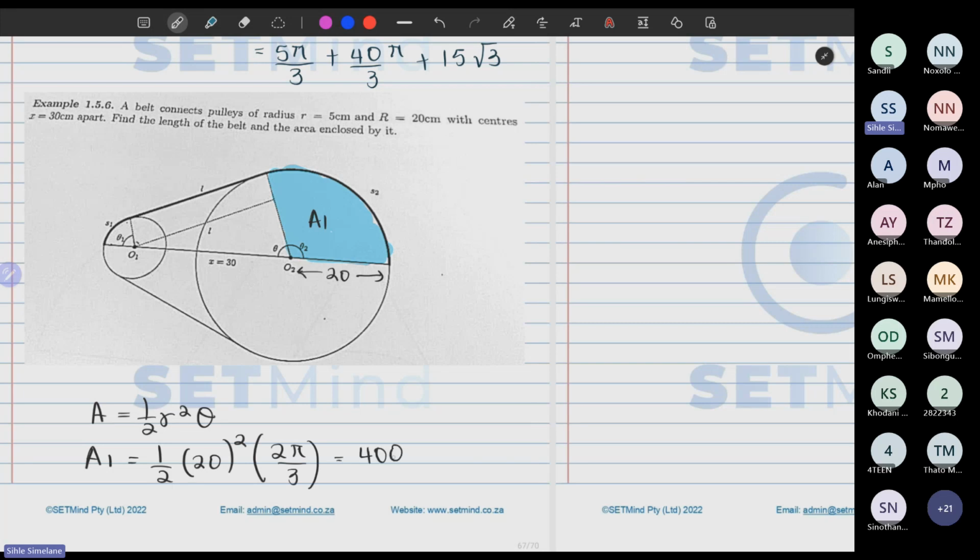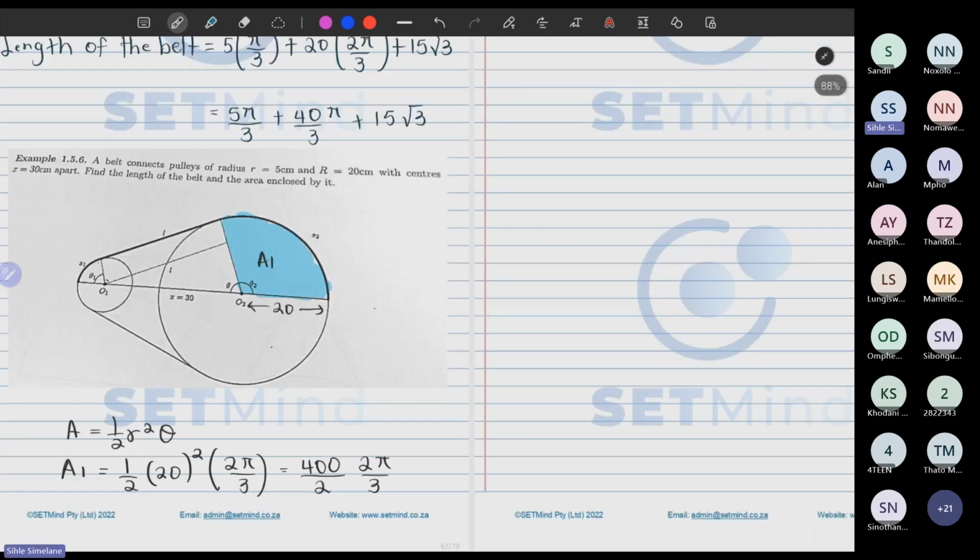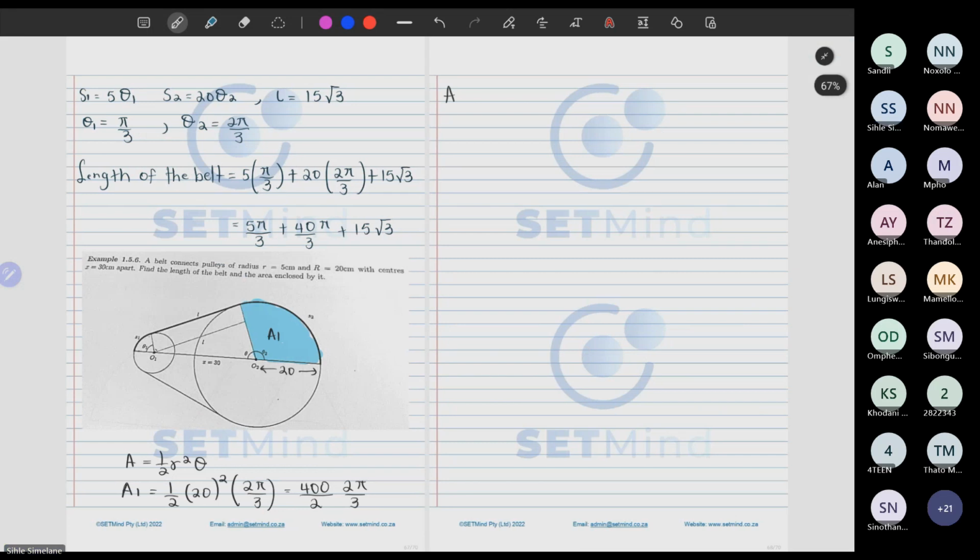So we have 400 over 2 multiplied by 2 pi over 3. So if you look at area 1, those will cancel. It will simply be 400 pi over 3. That would be some centimeters squared. Do we have anyone who has a question?